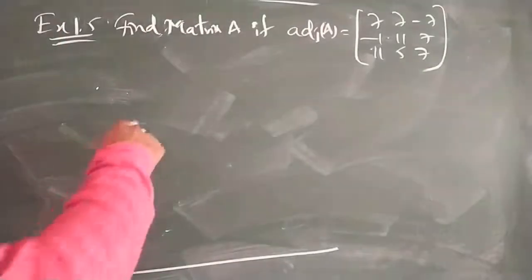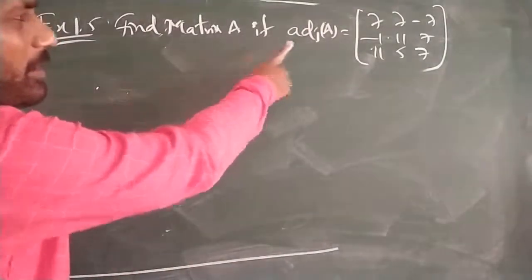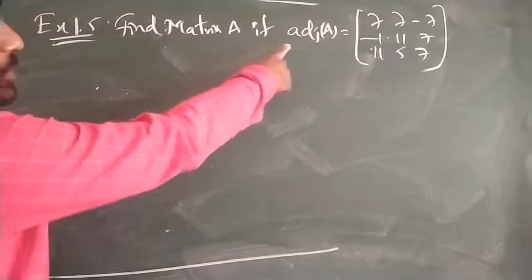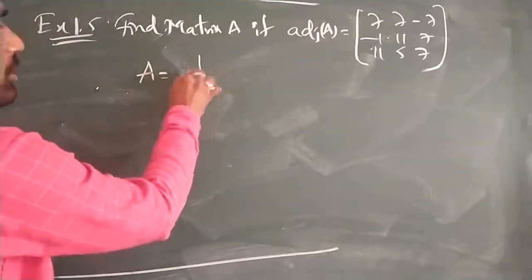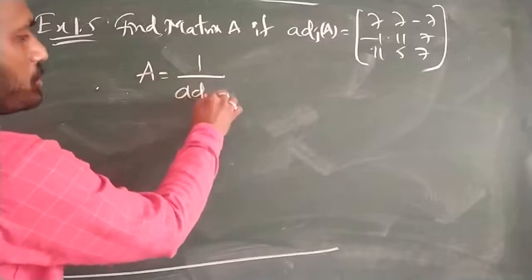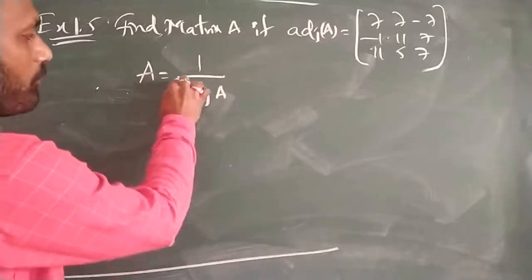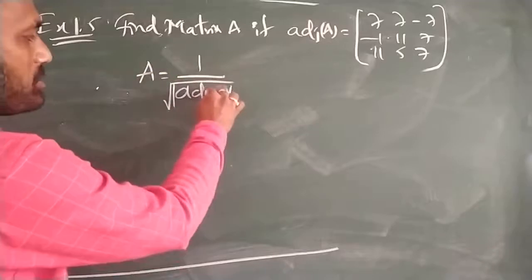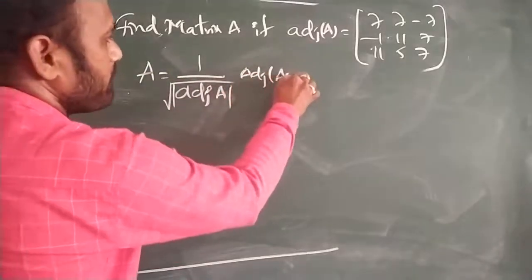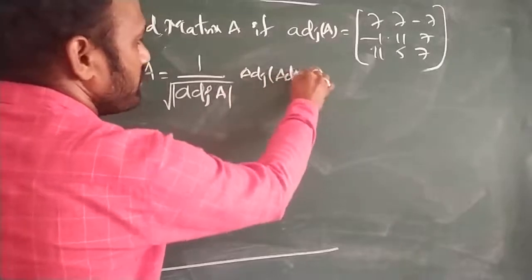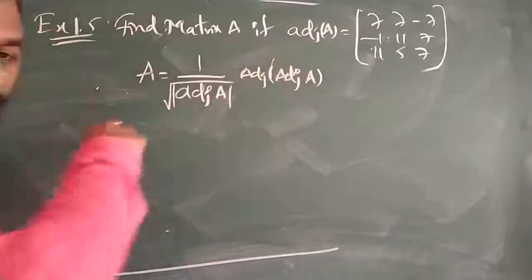Now in this question he is asking to find A, and the adjoint of the matrix is given. So to get this, we have the formula A is equals to 1 by root of determinant of adjoint A into adjoint of adjoint A. So a very important formula.